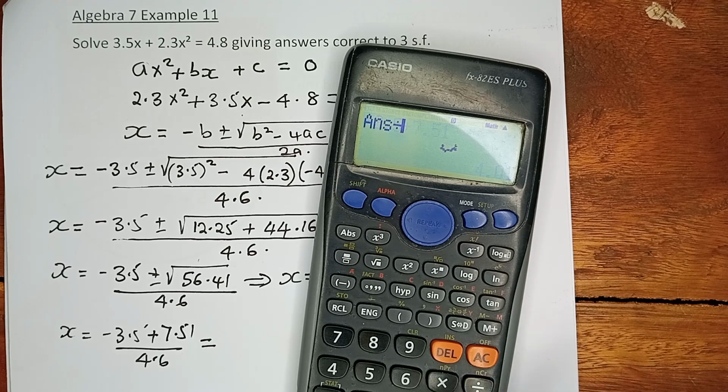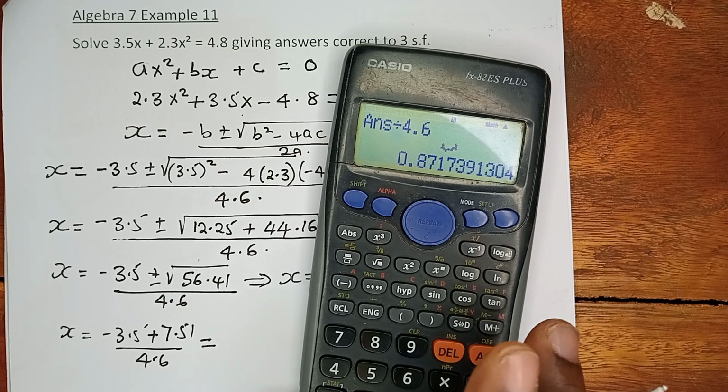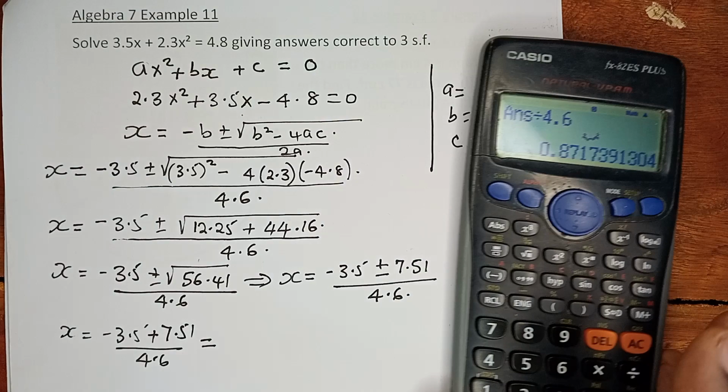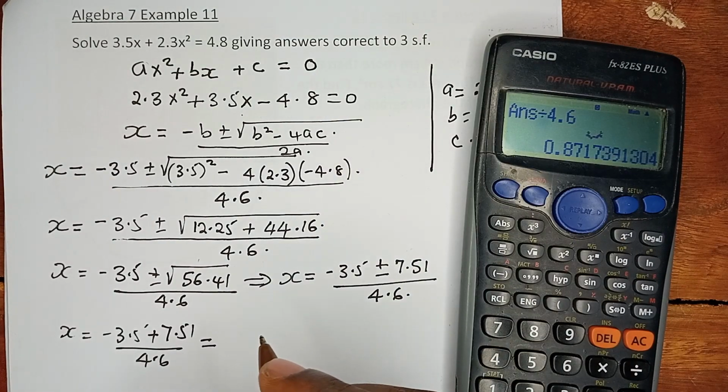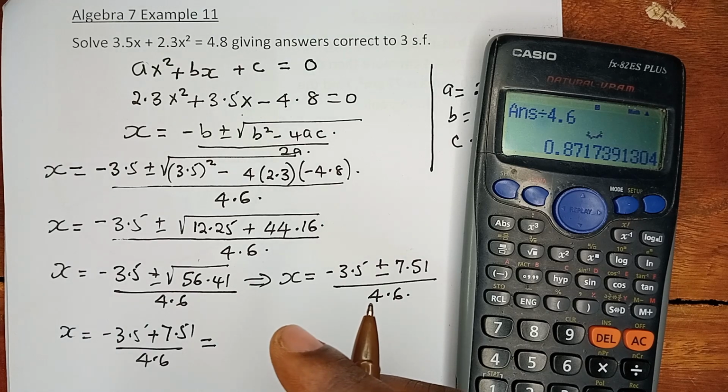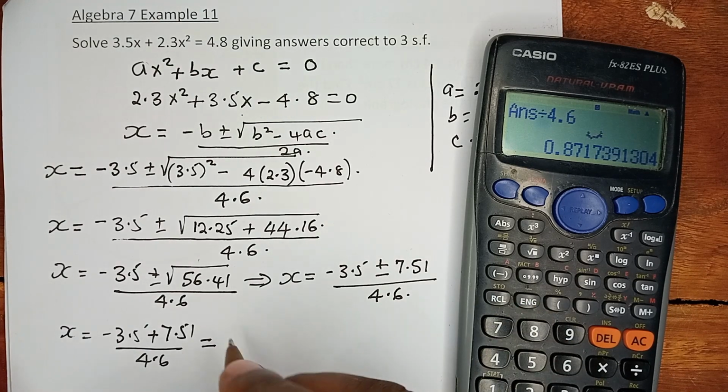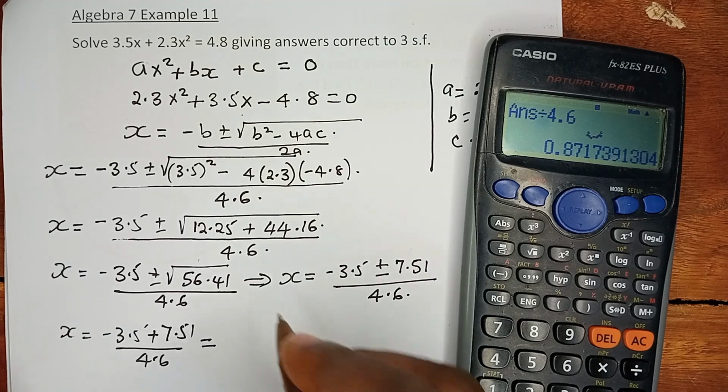This divided by 4.6 is equal to 0.871. This is one possible value of x, which is 0.872.